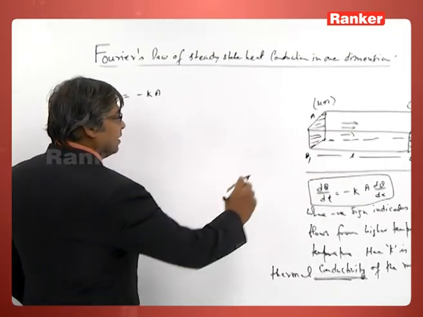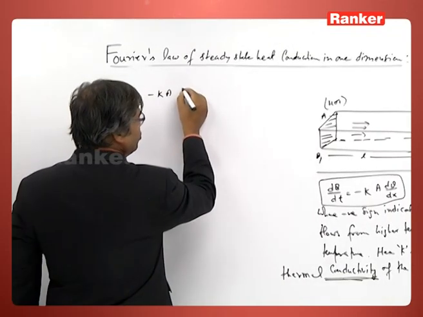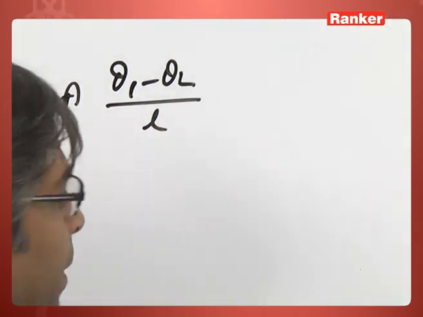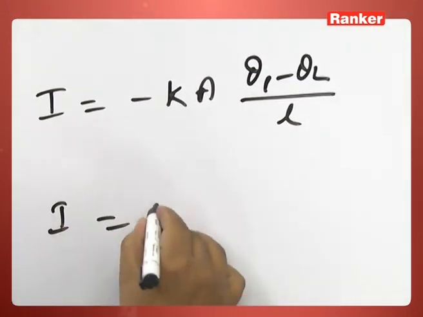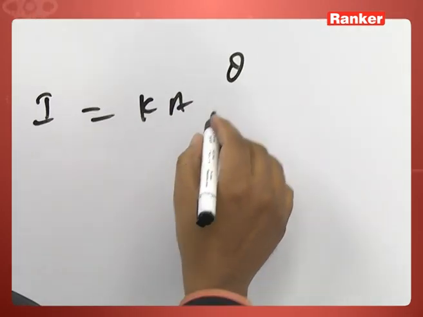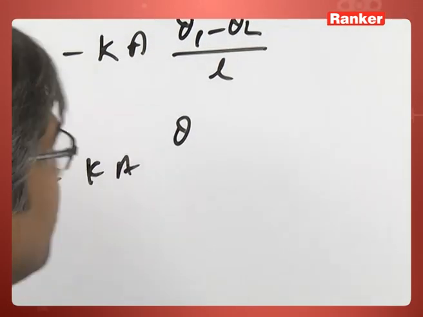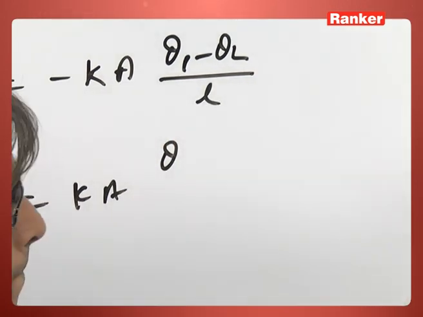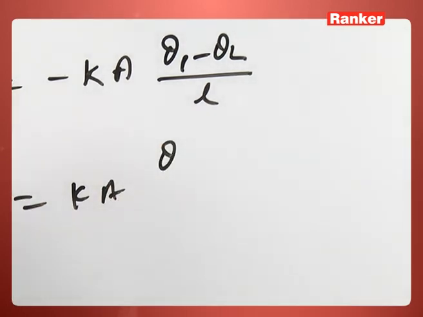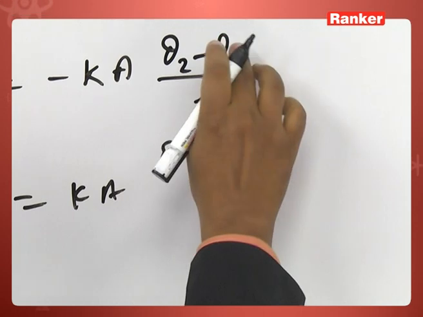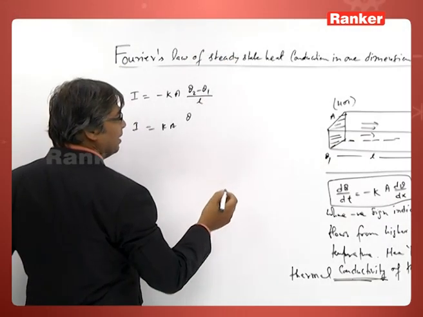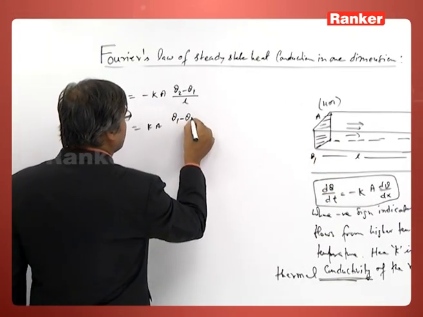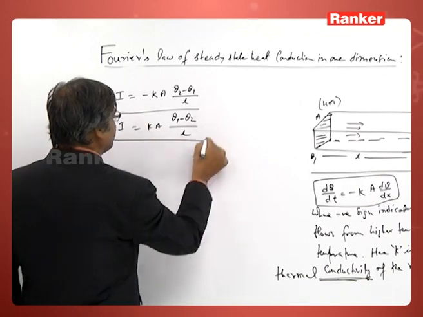So, we will write this as theta 2 minus theta 1 by L. Since theta 1 is more than theta 2, we can bring in the minus sign, so we get theta 1 minus theta 2 by L.